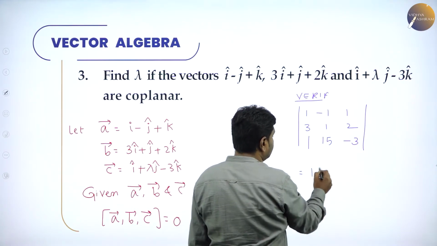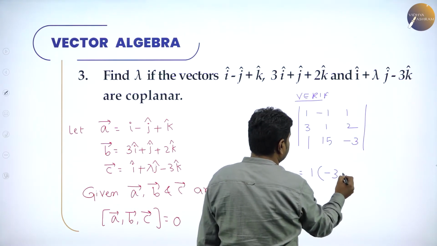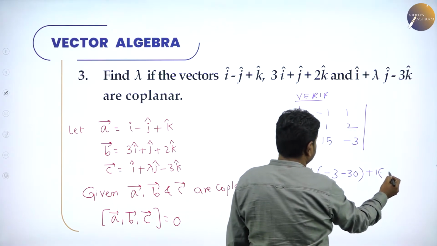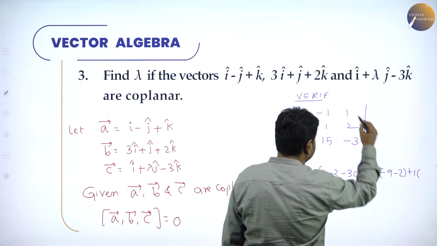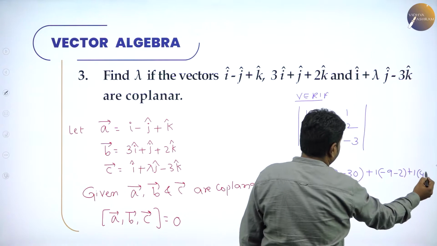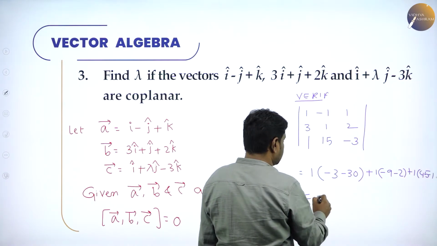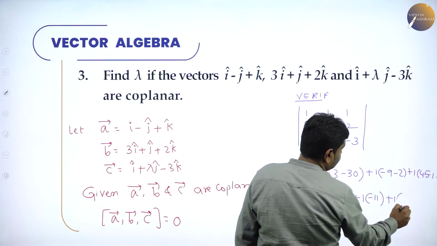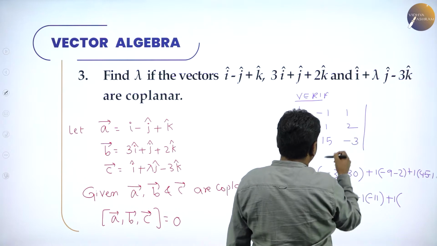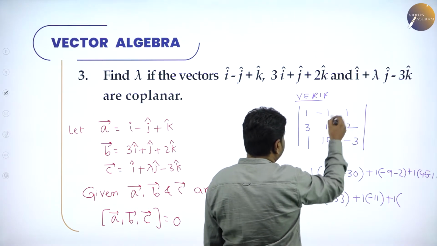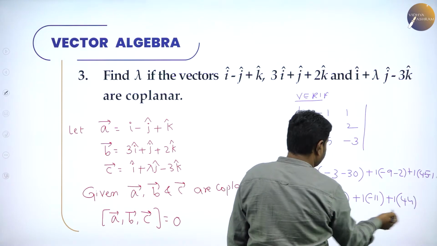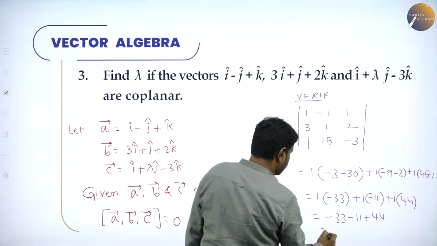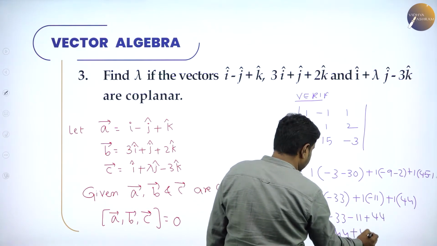It should give 0. 1 into (minus 3, 15 twos are 30, so minus 33), plus 1 into minus 11, plus 1 into (45 minus 1 is 44). So minus 33 minus 11 plus 44 is exactly 0.